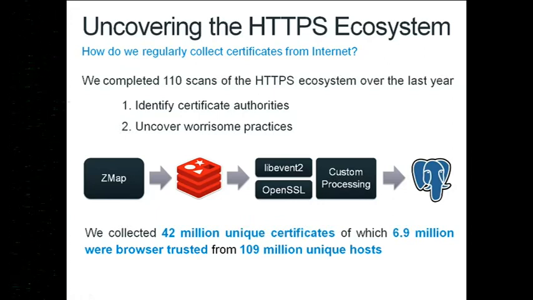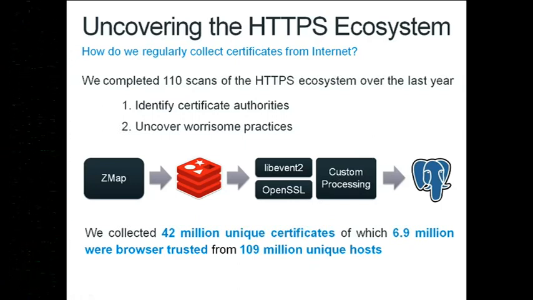So what we did was we used ZMap to crawl the whole public address space, find out what certificate chains it saw, and compile a list of all of those intermediate certificate authorities. We compiled a lot of information about the way those servers were connected to. So this is an example of how you might chain ZMap together with other kinds of connection and processing libraries in order to do a more sophisticated kind of scan like this.